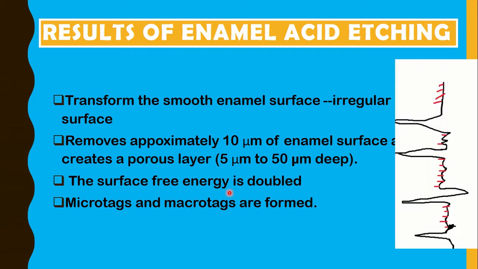So what are these macro and micro tags? The micro tags are formed at the core of the enamel prism, and they are numerous, and the macro tags are formed at the periphery. They are 2 to 5 micrometer in length.